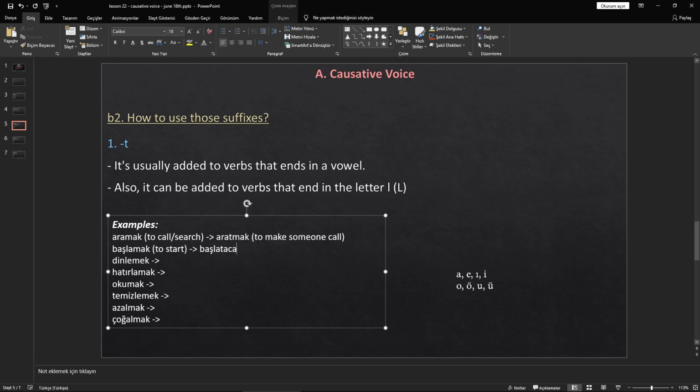You can say başlatacağım or başlatıyorum. Mesela at the end of the lesson I can say dersi başlatıyorum. I am starting the lesson. So başlatmak, to make something or someone start something.